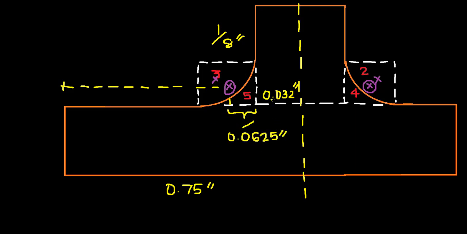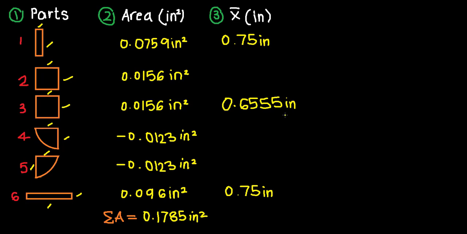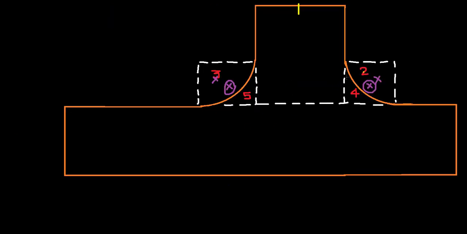Alright, so now that we have all our missing values, we can simply subtract from 0.75 the sum of these two lengths, which is 0.0625 plus 0.032. And our position will be 0.6555 inches. So now let's proceed with our second shape, which is this second square.